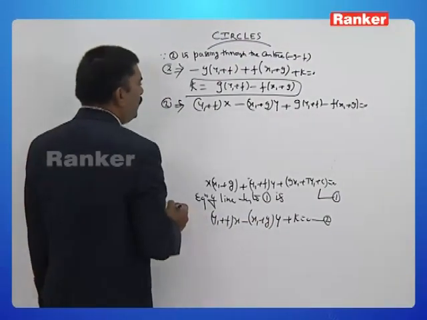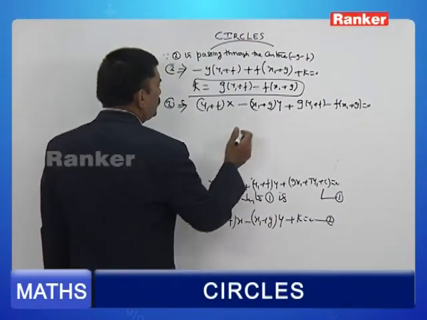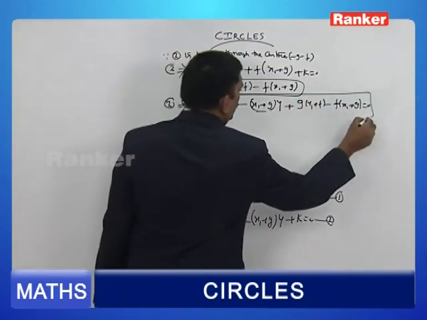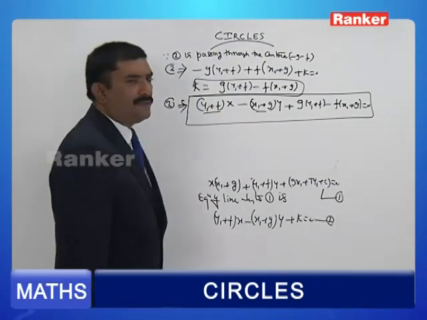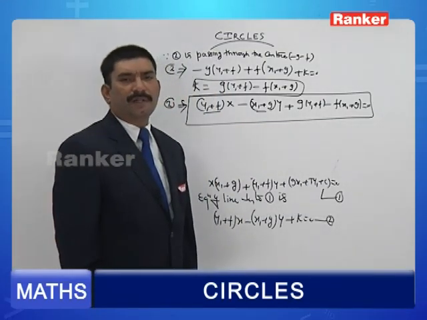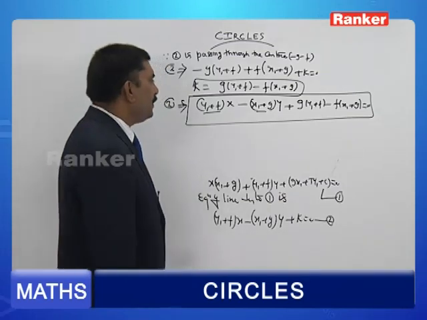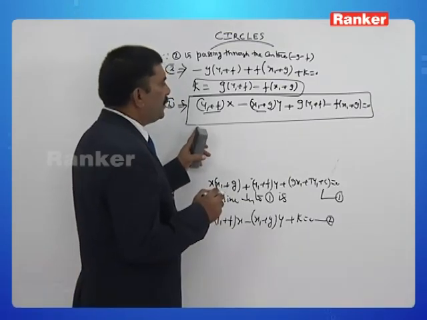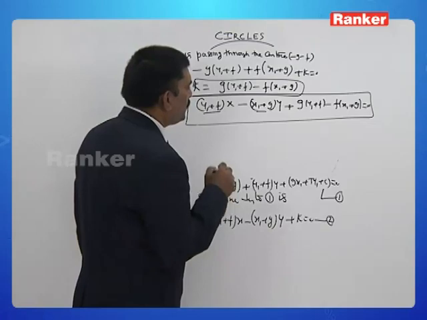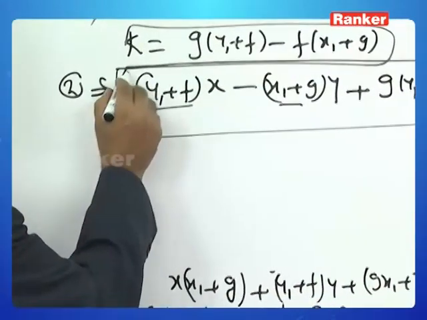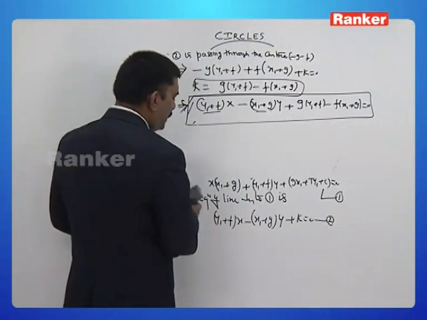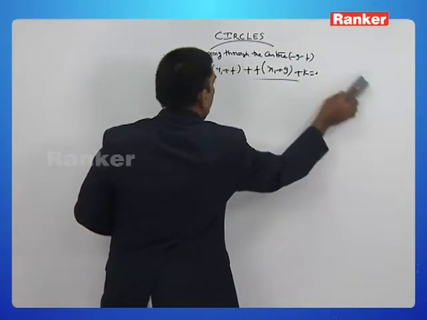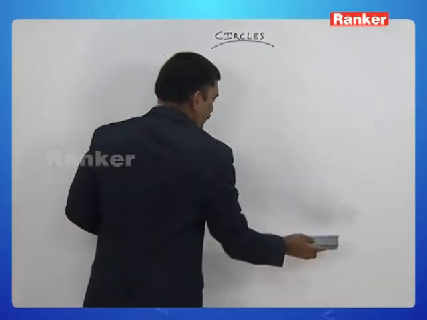You can very well observe, take the common factor, and after simplification this is nothing but the equation of normal. You can observe this always passes through the center of a circle. So this is nothing but the equation of a normal. What we understood is that the normal always passes through the center of a circle.